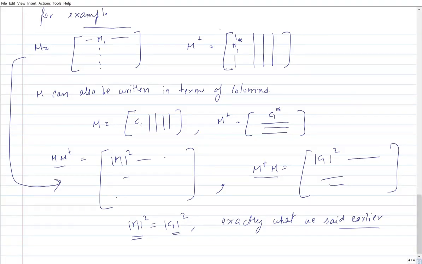So how do we exploit this feature to prove the theorem about spectral decomposition for normal operators? What we do is the following. Let's try to diagonalize M. So for that, let's say we are trying to find the eigenvalues. This is the way you find the eigenvalues of a matrix: M minus lambda I. You take the determinant of it.